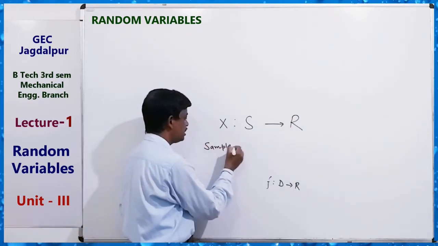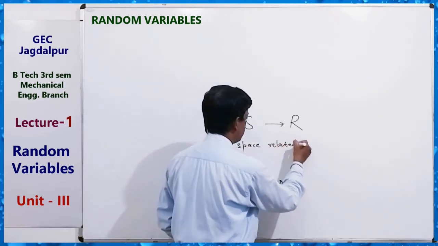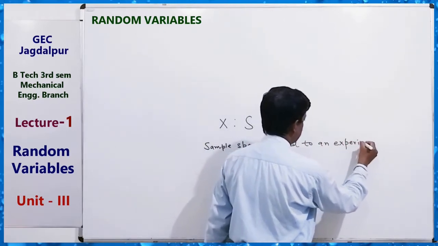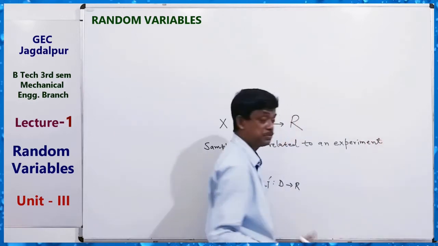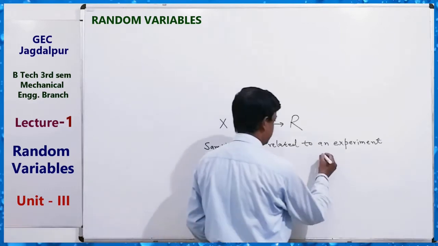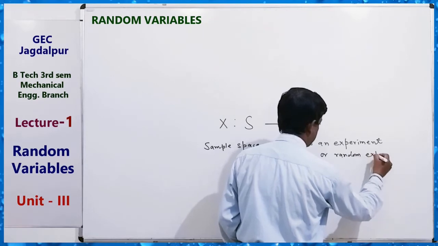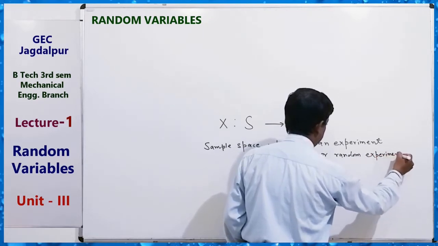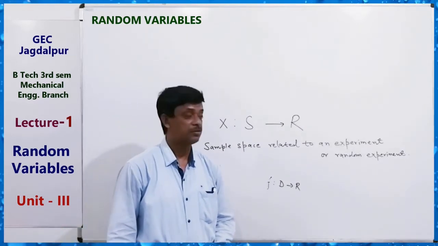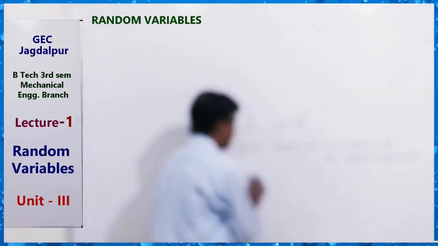The sample space is related to an experiment, or random experiment. Random experiment means its outcomes depend on chance. Equally likely outcomes may occur.